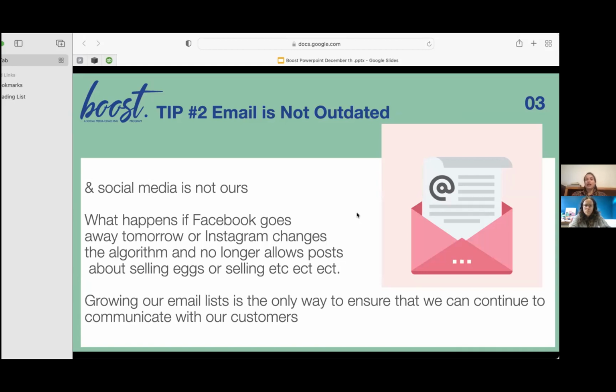But from everything that I have read about and heard and experienced, email marketing is absolutely critical for any business these days, because social media is not ours, and because we need that direct way to continue communicating with people.